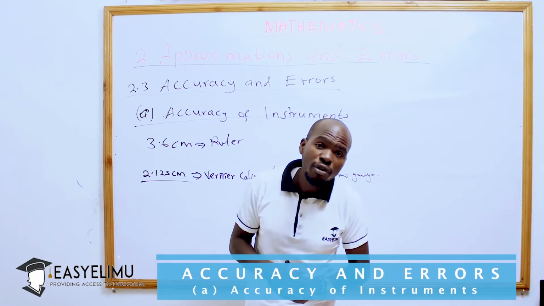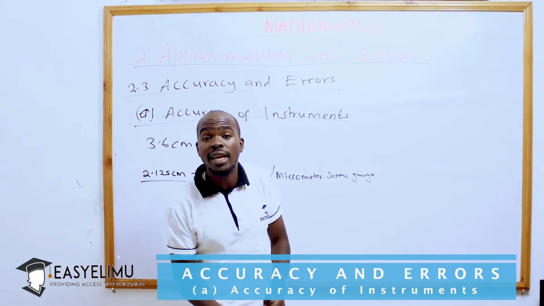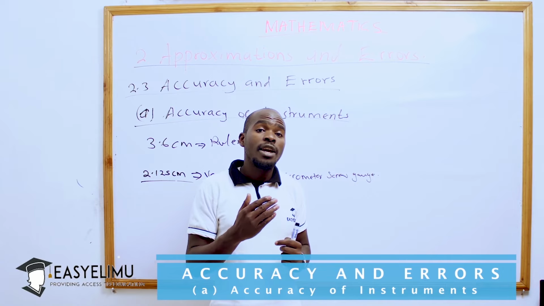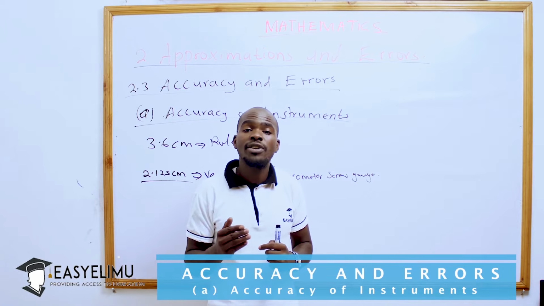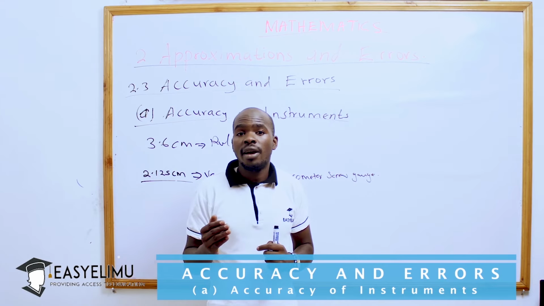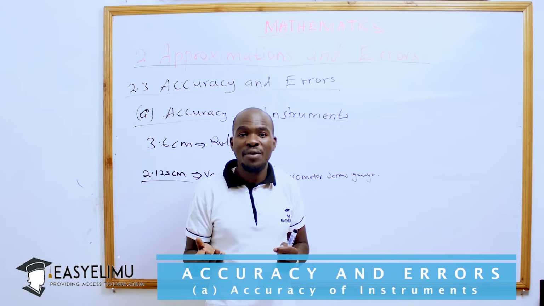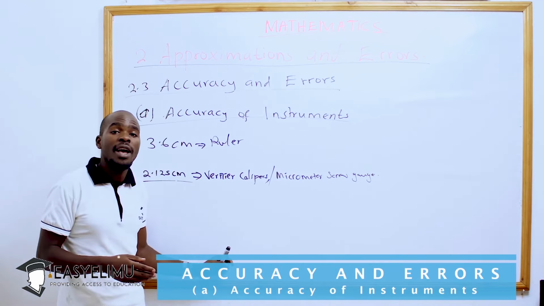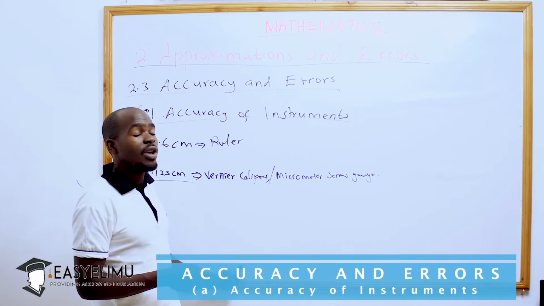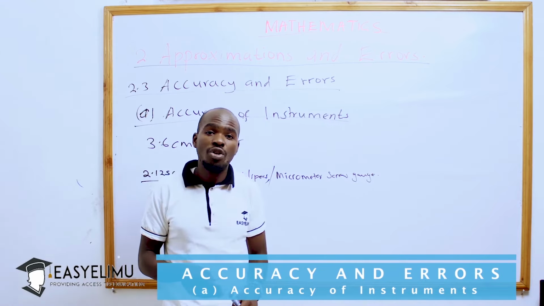In mathematics calculations, we use calculators. And if we need to measure, for example, the mass of a given kilogram of meat, an electronic weighing balance will measure that more accurately than the manual one.